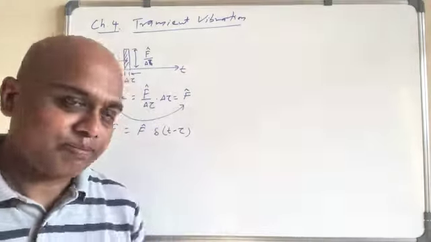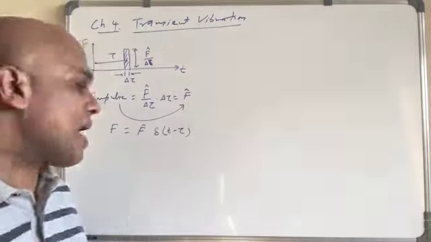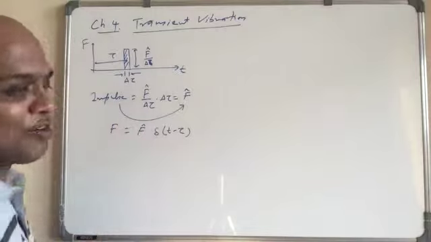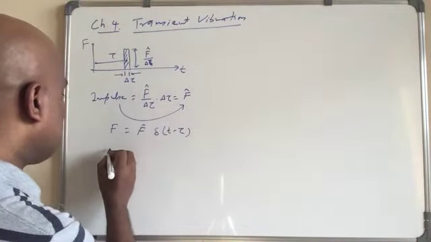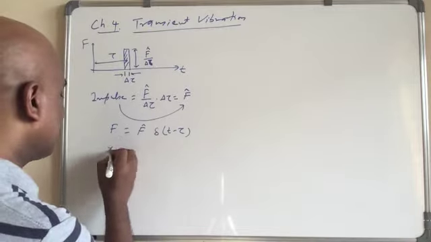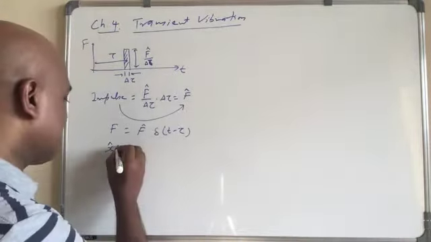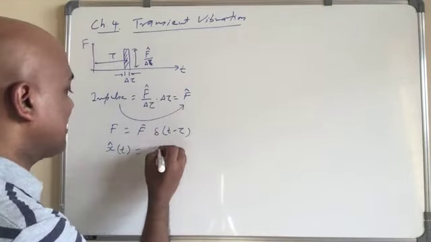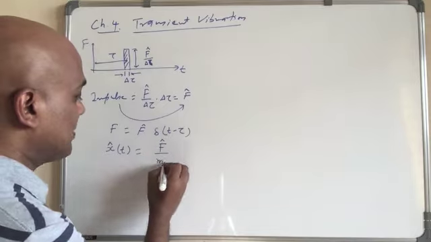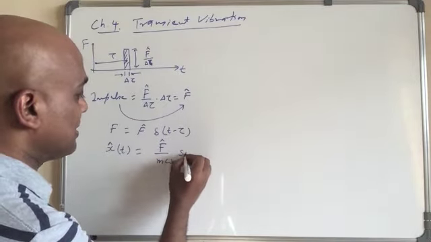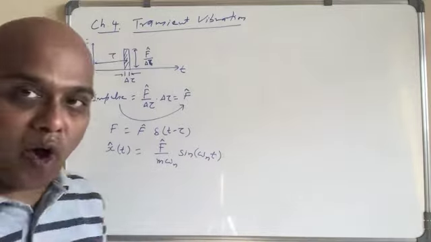For this, we have seen that if you apply this force, the solution, let's call it x hat of t, is F hat divided by m omega n, sine omega n t. That's what we saw.